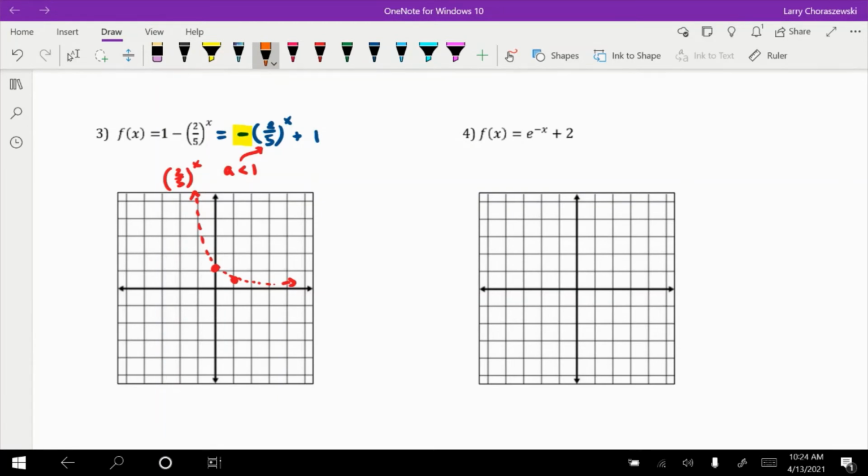Yep, so remember when we have a minus sign in front of the base, that is going to be an x-axis reflection. So I'm going to mirror (0, 1) across the x-axis, and then I'll also mirror (1, 2/5) across the x-axis. And this basically turns the graph upside down.